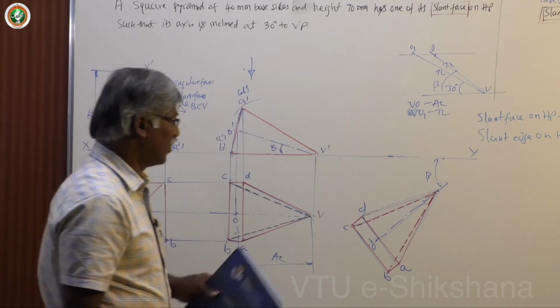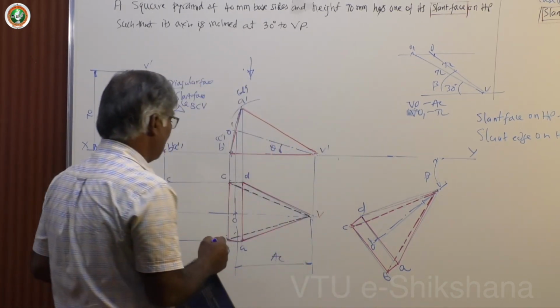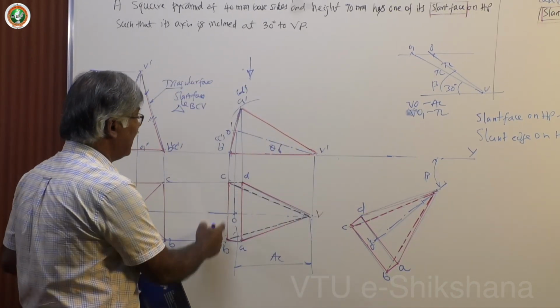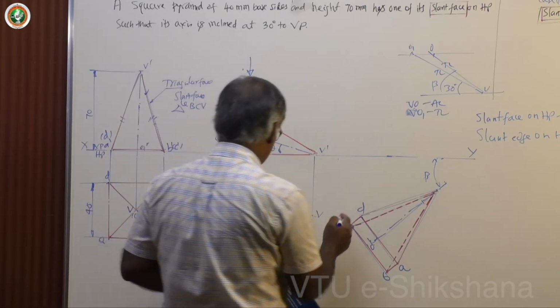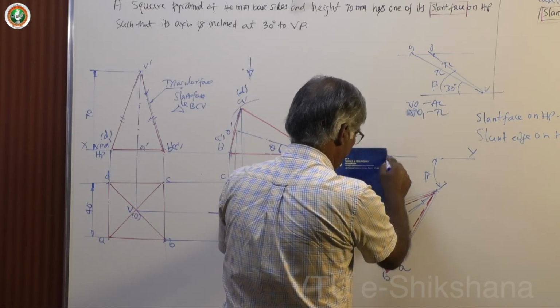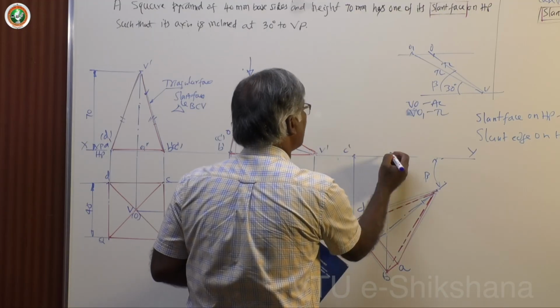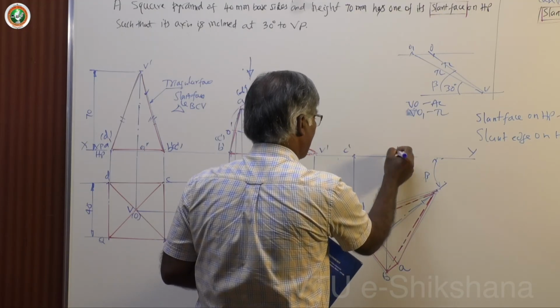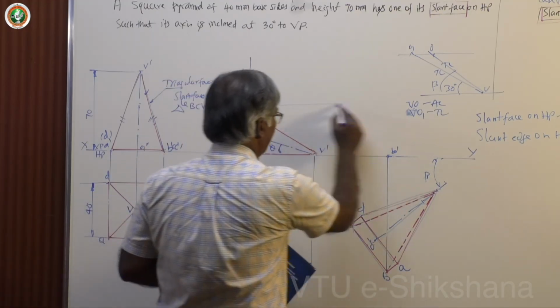Okay. Project it one by one. Which is on HP? You have to be very careful. BC on HP. So BC. This is C dash, this is B dash. Then AD.